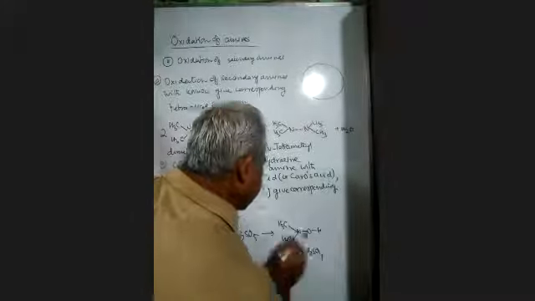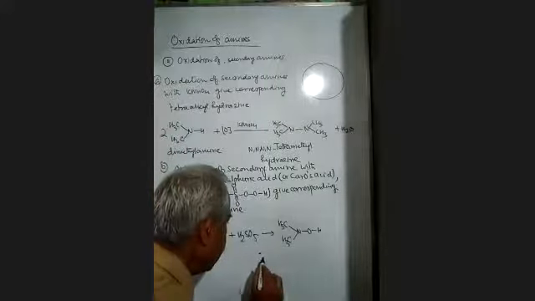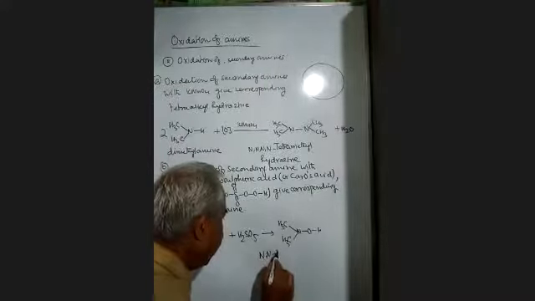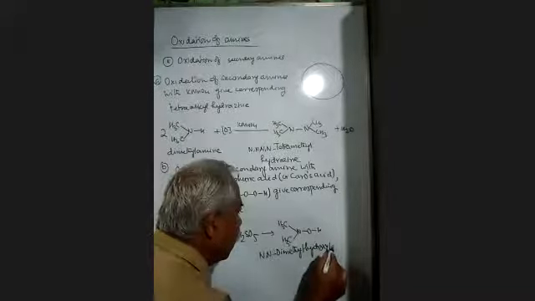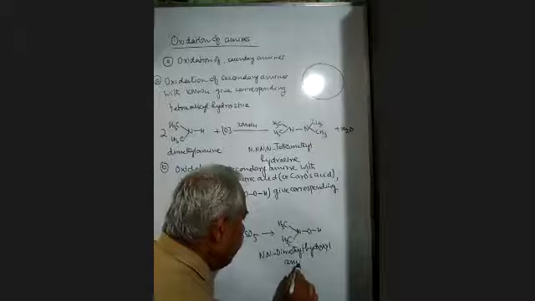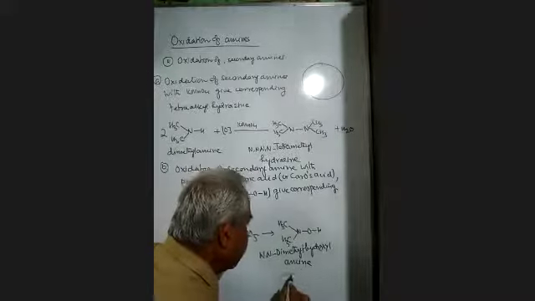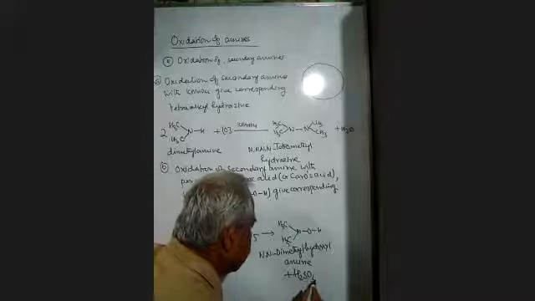You get sulfuric acid. This is called hydroxylamine, that we have learned in the aldehyde ketone chapter. First, I will write the name. It's called N,N-dimethylhydroxylamine, plus H2SO4.